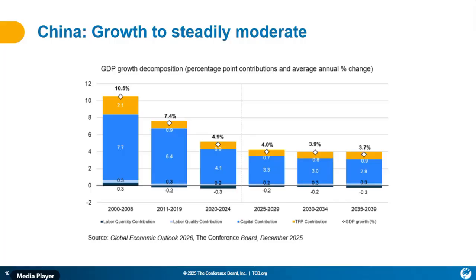One thing I would also note here, though, is if you look at the 2000 to 2008 period and just how high trend growth was, it's really important to remember that in China, the miracle years of the 80s and 90s were really incredible, in fact, miraculous.